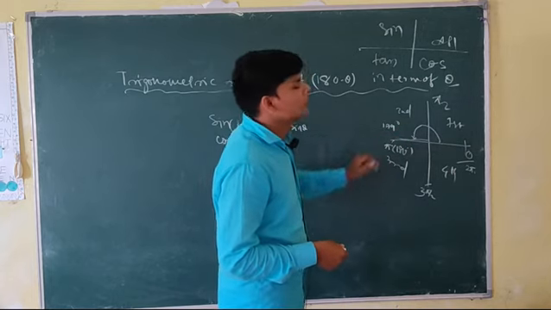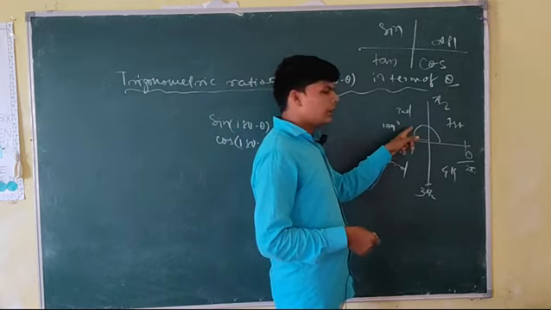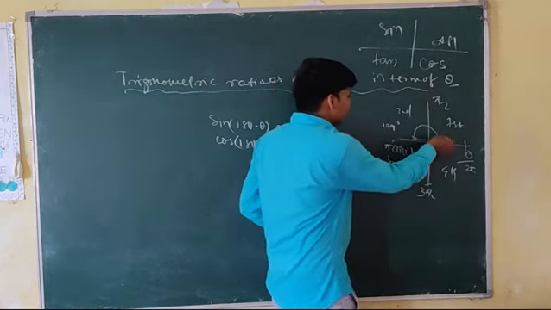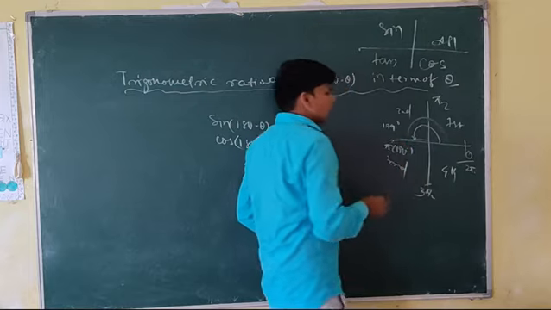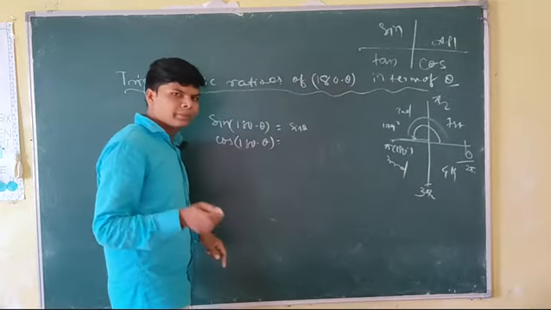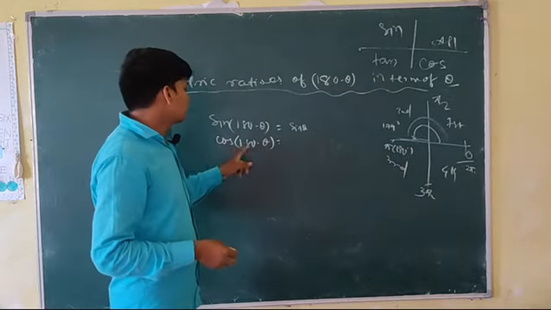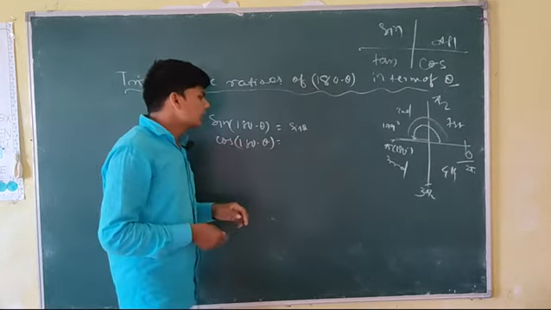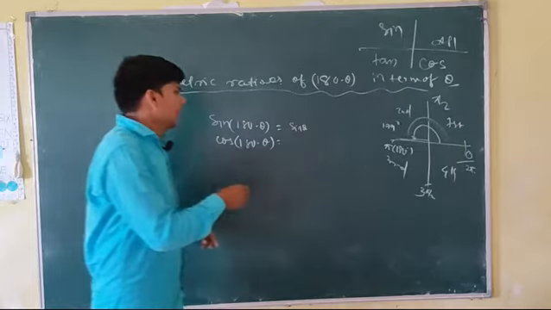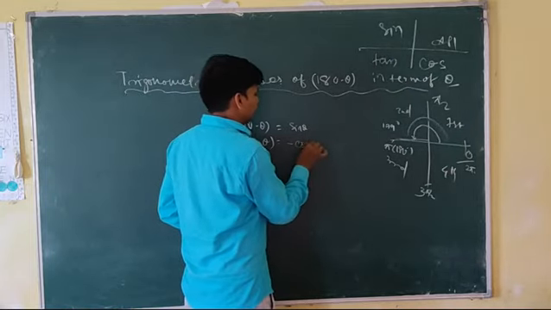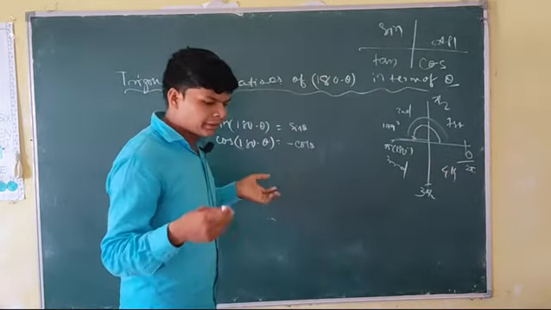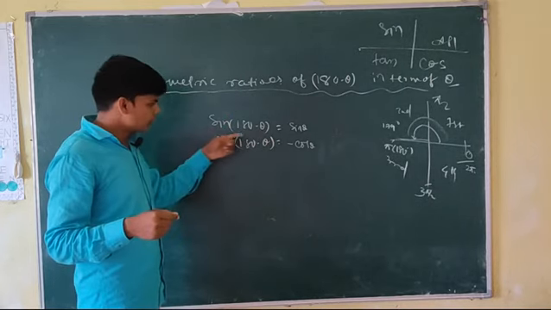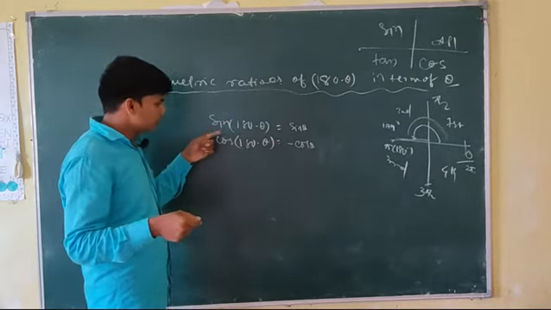See, here pi by 2 to pi, this value is between 0 and 180 degrees. Cos(180 - theta), for any angle, will be minus cos theta. I repeat, no need to find an expression for this formula.